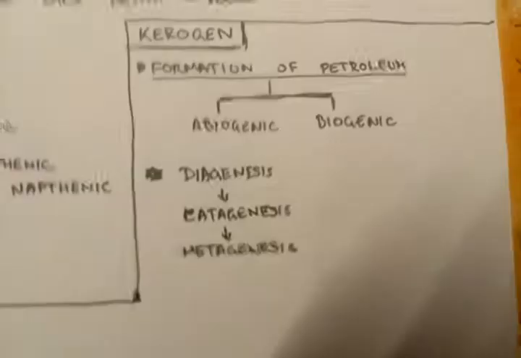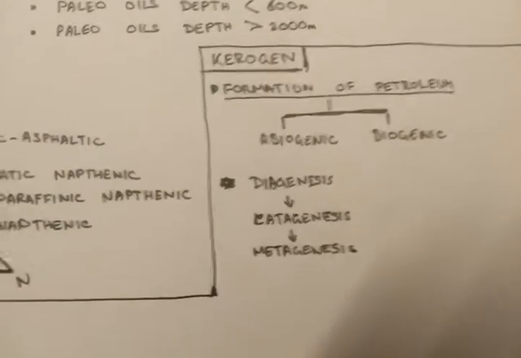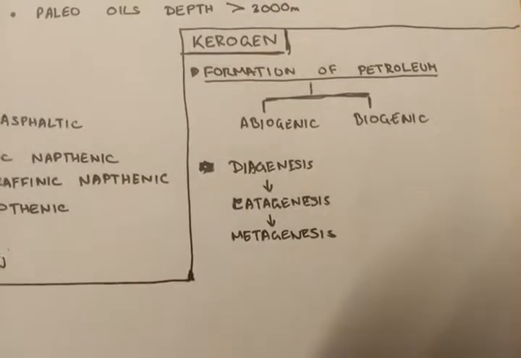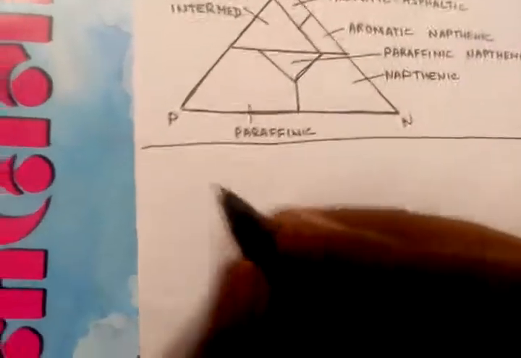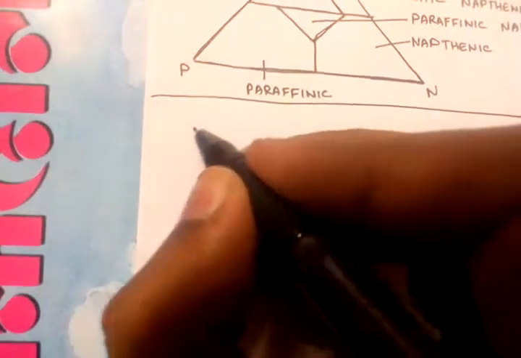So basically, four kinds of settings have been identified under which this can form. So the first setting is somewhat like this.